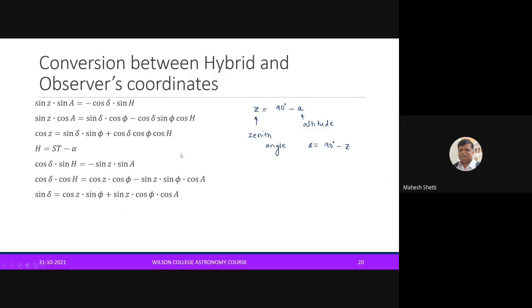And there is one important formula: hour angle is equal to sidereal time minus right ascension, or right ascension plus hour angle is equal to sidereal time. And to calculate sidereal time, there is a different kind of formula. So we'll talk about all these things now.